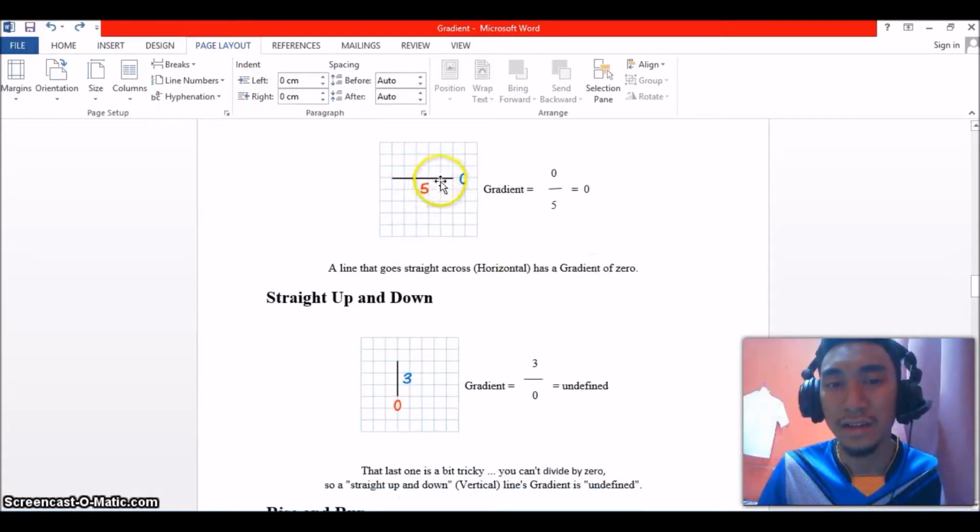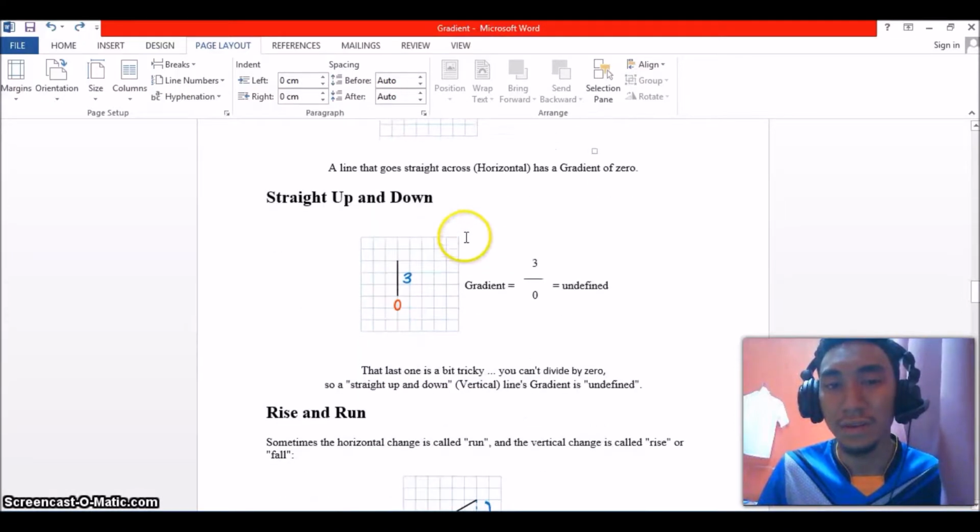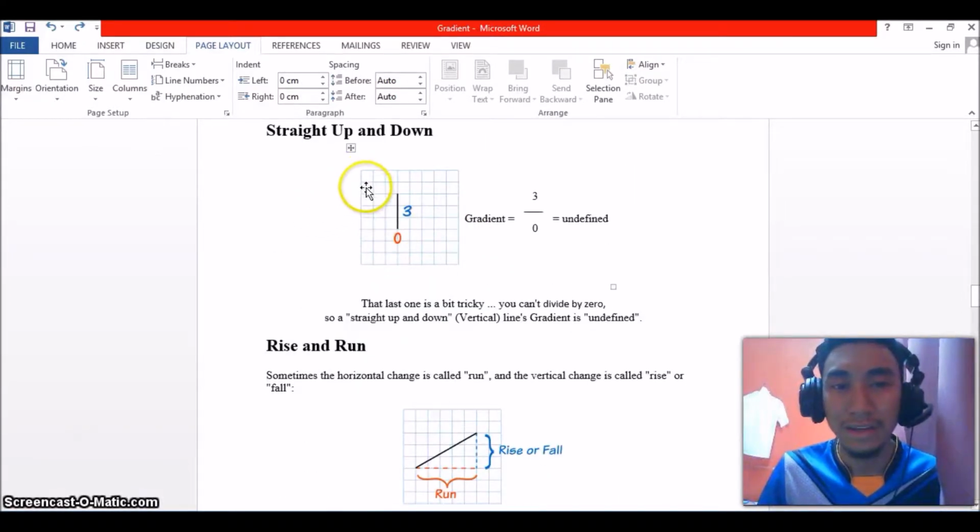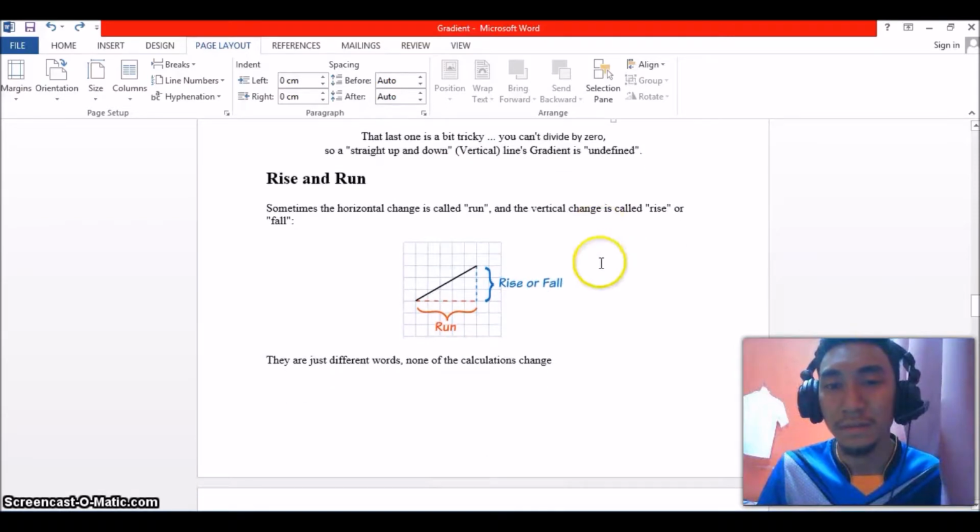For this line, it is 0 gradient. For a line that goes straight up or straight down, the answer is undefined. For example like this, there is only a change in y, which is 3, and the change in x is 0. So if we divide 3 over 0, we get an undefined answer.